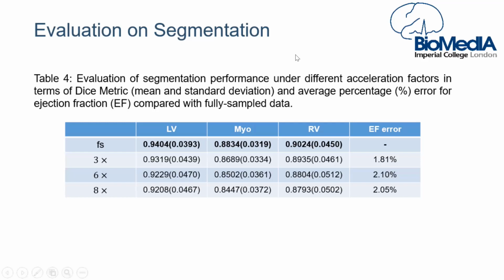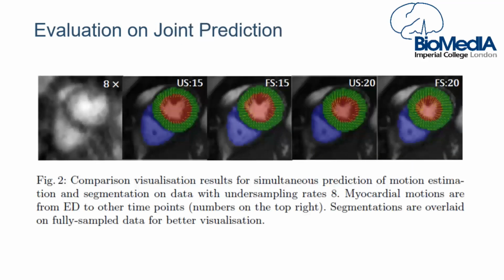We also evaluate the ejection fraction, which is a clinical parameter: the ratio of the blood volume pumped out of the left ventricle to the total blood volume. Even though the acceleration factor increases, the error is still very low, which could potentially enable fast analysis of MR imaging. We don't need to do image reconstruction, and we can directly predict these parameters.